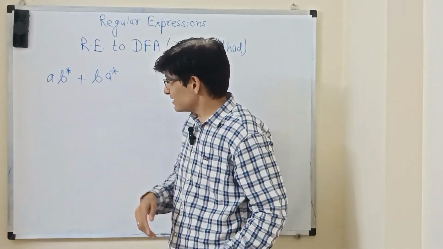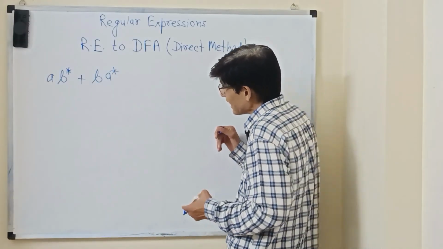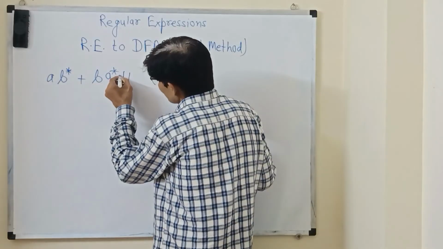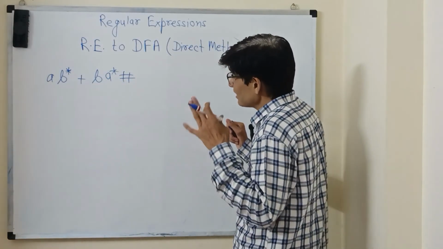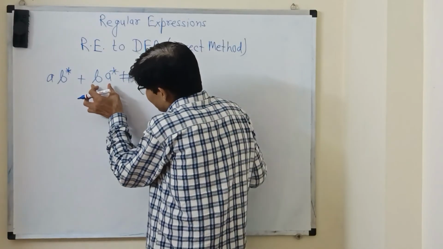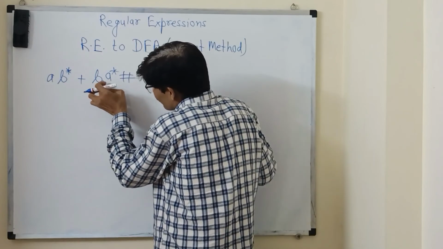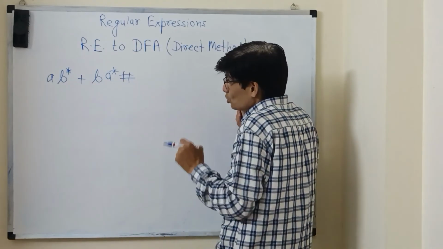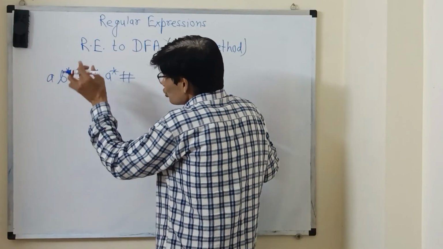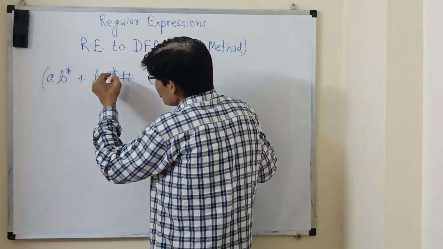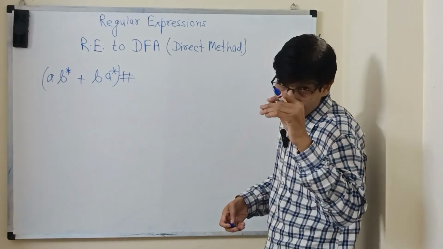As the choice is there, when you try to add the hash symbol here, you cannot directly add it like this, because it would be considered as adding the hash symbol at the end of only this part of the regular expression. As the complete regular expression includes both parts, you must include brackets before adding the extra symbol hash.